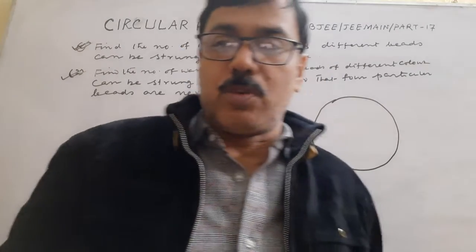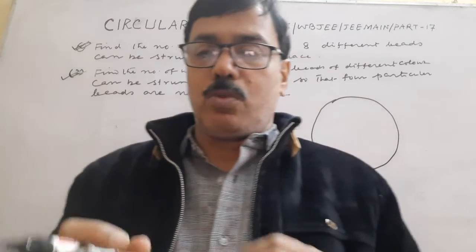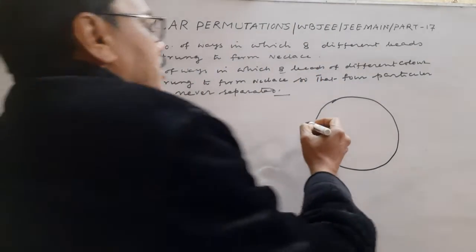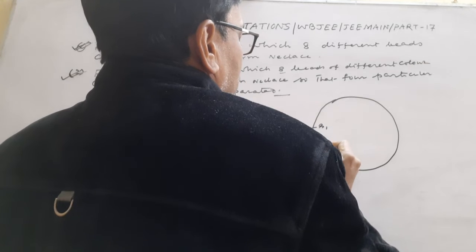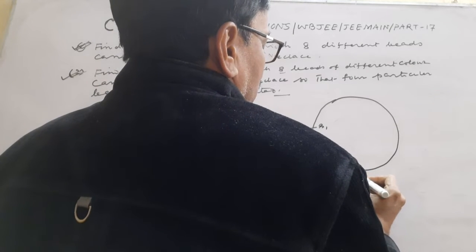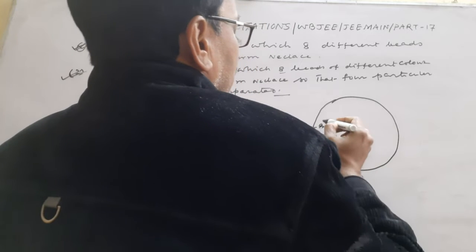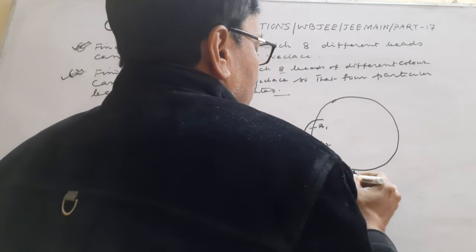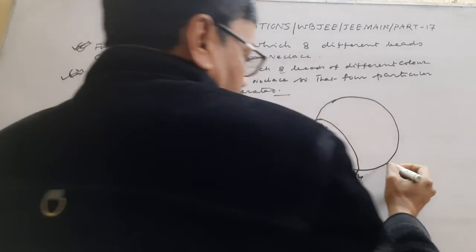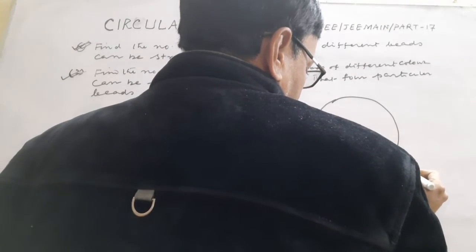So we consider the 4 particular beads as a single entity. Suppose B1, B2, B3, B4 are not separated. So we consider them as a single one.